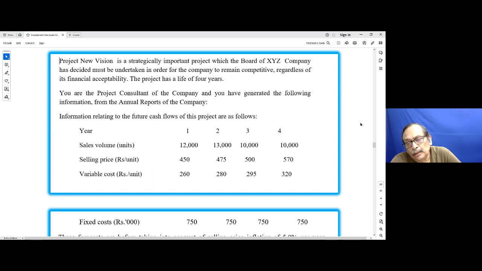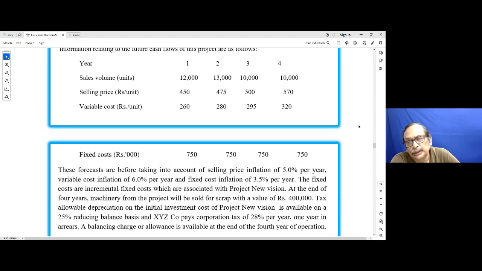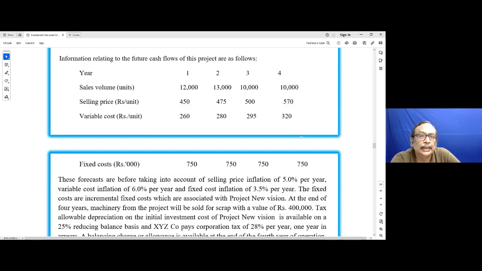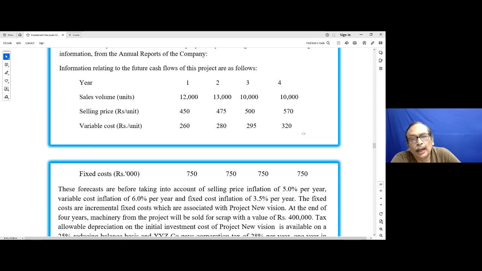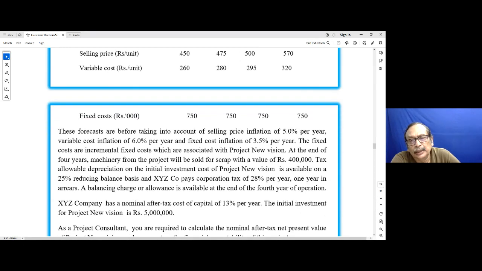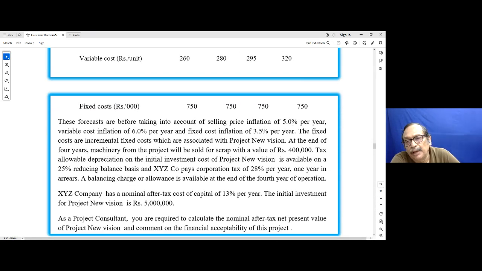So when we are provided with this information, that is sales volume units, selling price, variable cost, fixed cost, and when there is an inflationary effect, so far as sales price, variable cost and fixed cost are concerned: selling price inflation 5% per year, variable cost inflation 6% per year, and fixed cost inflation 3.5% per year.